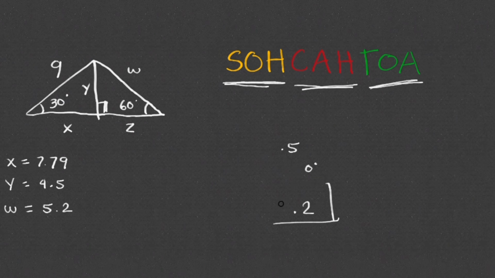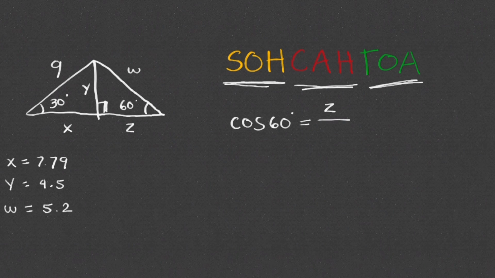Since we have the value of the opposite and the hypotenuse, we can use either the CAH or TOA. But in this case, let's use the CAH. So cosine theta, which is 60 degrees, is equal to z, which is the adjacent, over 5.2, which is the hypotenuse w. So to solve for z, we need to cross multiply the 5.2 to the cosine 60 degrees.